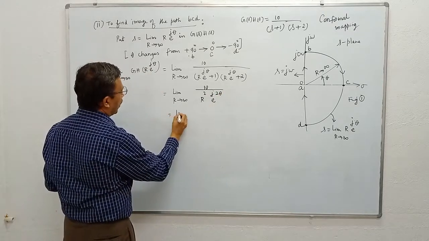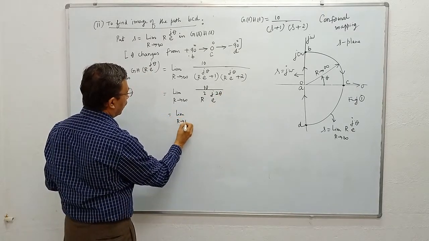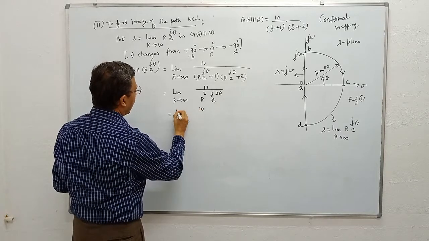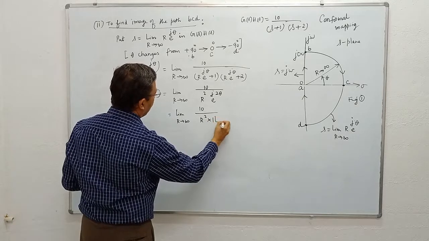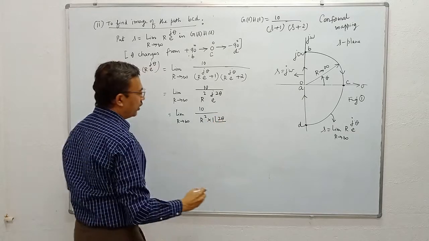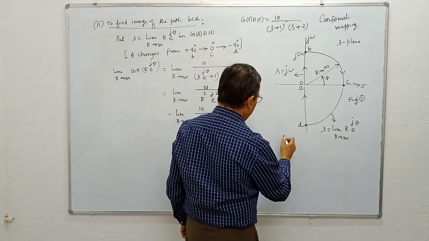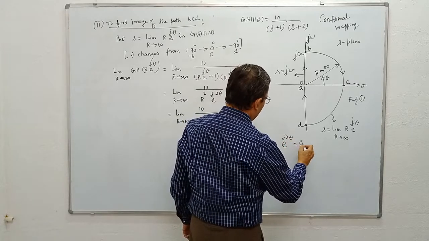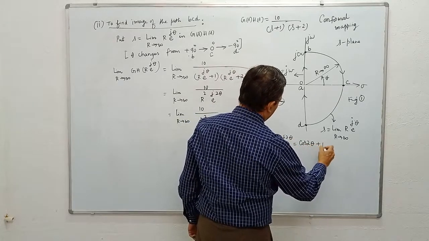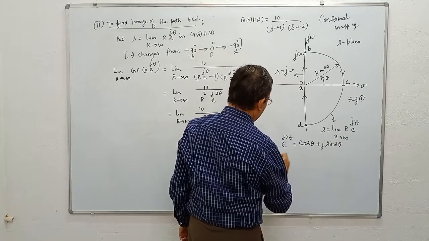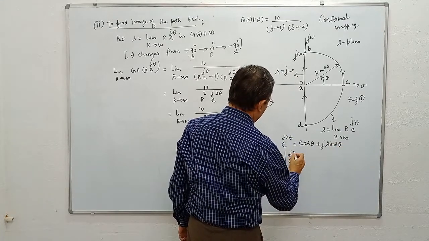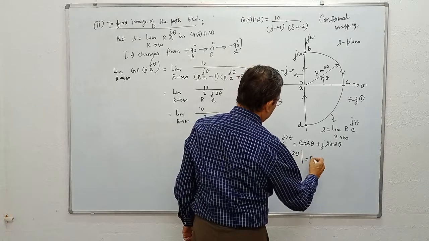So this is nothing but limit r tending to infinity 10 divided by r square times e to the power j 2 theta, which means magnitude is 1, angle is 2 theta. See, e to the power j 2 theta is what? Cos 2 theta plus j sin 2 theta. What is the magnitude of e to the power j times 2 theta?